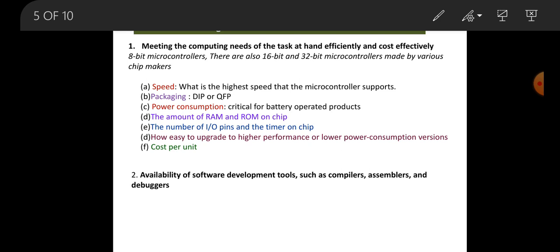Then cost per unit, this is an important factor, because the cost of your microcontroller determines the cost of your entire product. Means that is the final cost of the product in which a microcontroller is used. So this is an important factor, right?